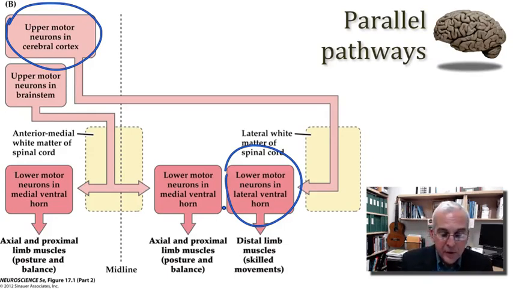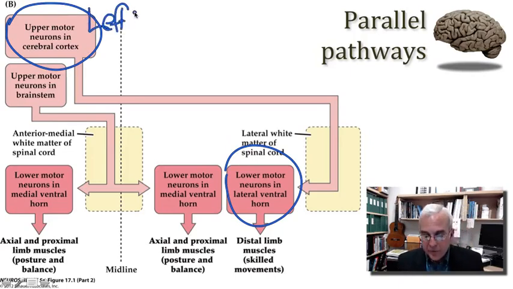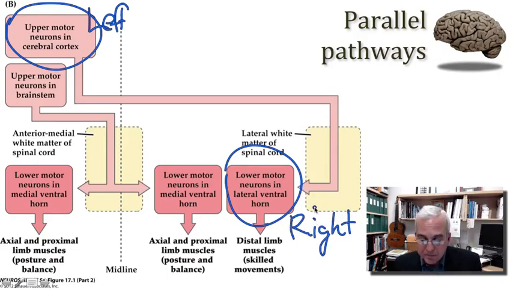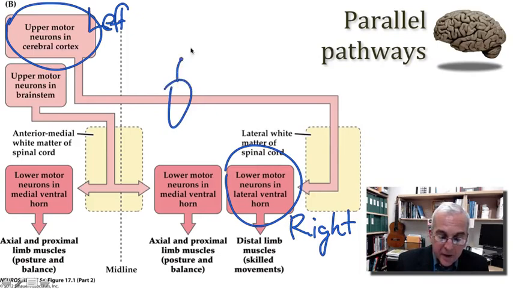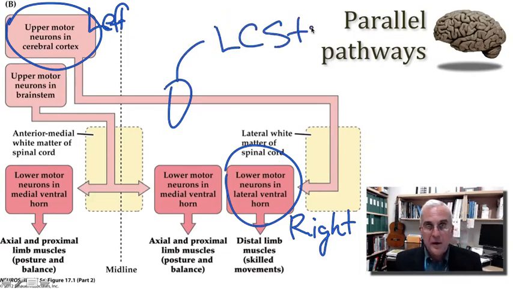So the upper motor neurons on one side, let's call this the left side, are going to govern the movements expressed via the contralateral side of the spinal cord. In this case, it would be the right side. And so that implies that there must be a pathway that crosses the midline. So we are going to spend a fair amount of time talking about this pathway, and this pathway is in fact that lateral corticospinal tract that I mentioned just a moment ago.